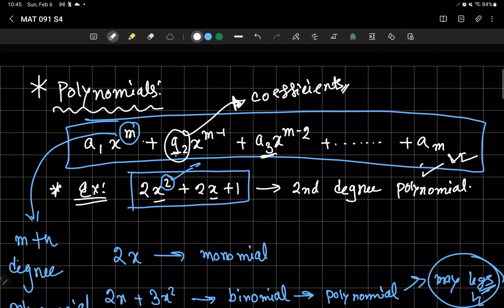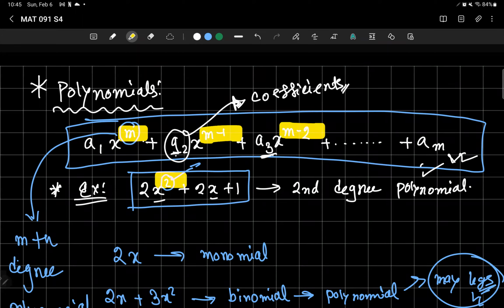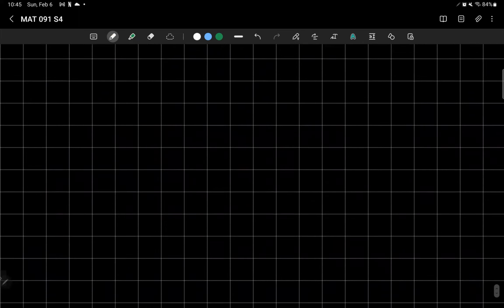These are called exponents, like these m's over here. These x's are called variables. Anything that's denoted with a symbol means we don't know it yet, so that's why it's called a variable. Let me just write this thing again.